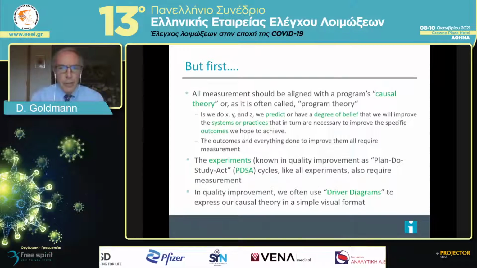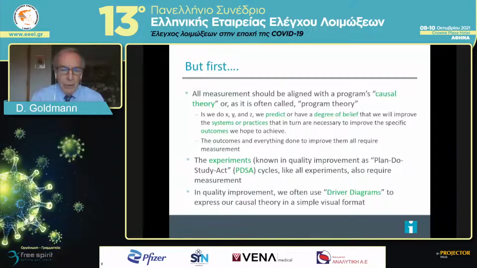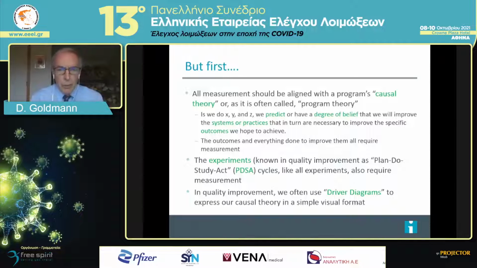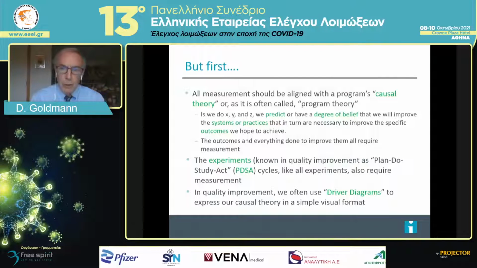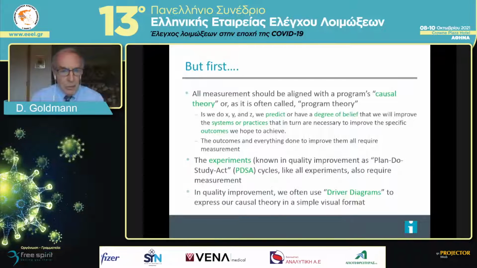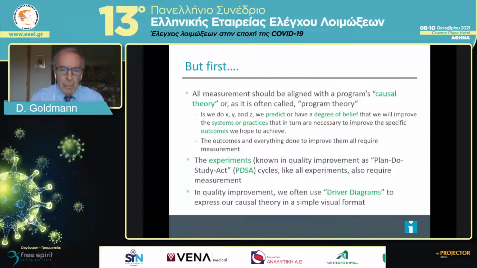As you're trying to improve your outcomes, you will be doing very short-term, real-time experiments that, as you know, in quality improvement we call Plan, Do, Study, Act, or PDSA cycles. These also require measurement. I'll come back to that PDSA in a minute.